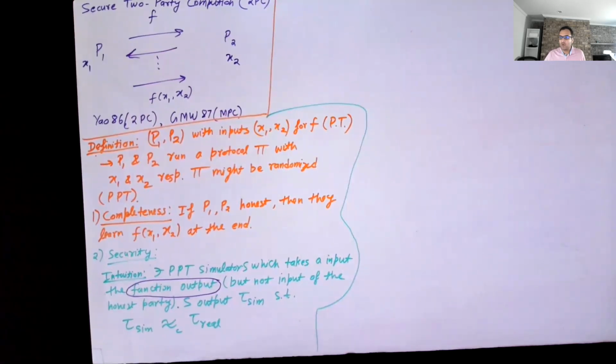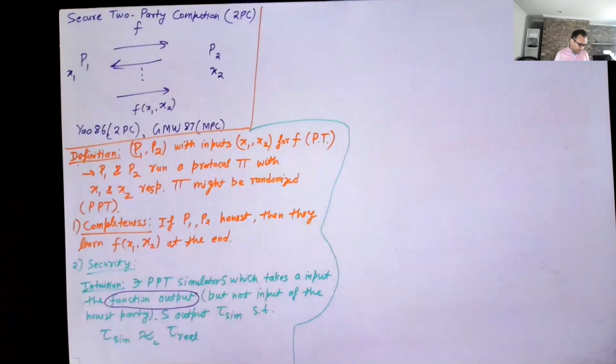In particular, P2 may not even have an explicit input in mind. Maybe P2 has two different inputs or multiple inputs, and maybe P2 is running some sort of weird strategy, which is some sort of combination of these inputs. I don't know, right? Just arbitrary code. It's hard to say what input it is using. So this term is not exactly well defined, what the function output here means.